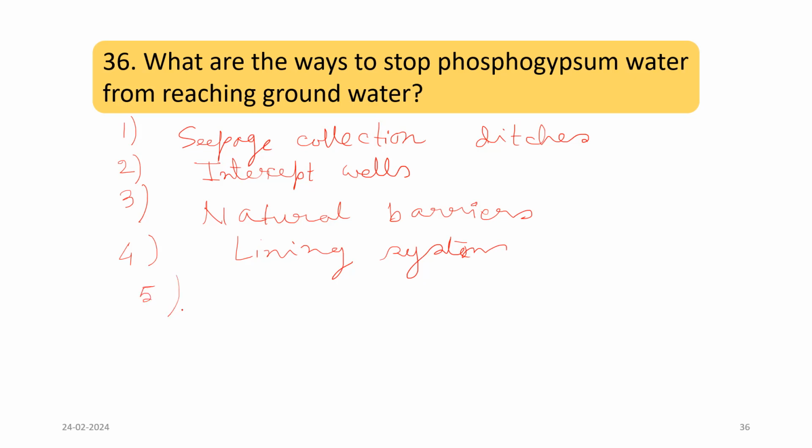And the fifth one is using some kind of neutralizer, so fixing of soluble P2O5 and trace elements. In the gypsum, some amount of phosphoric acid is still left, a trace amount even after recovery.